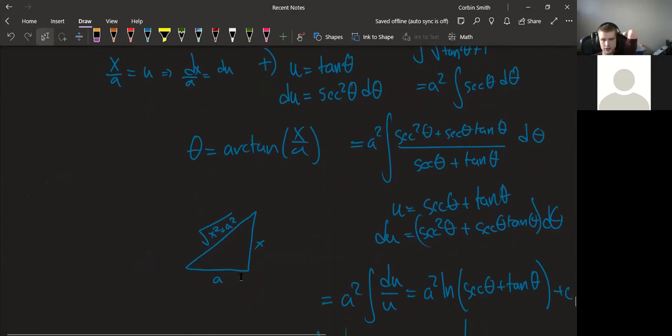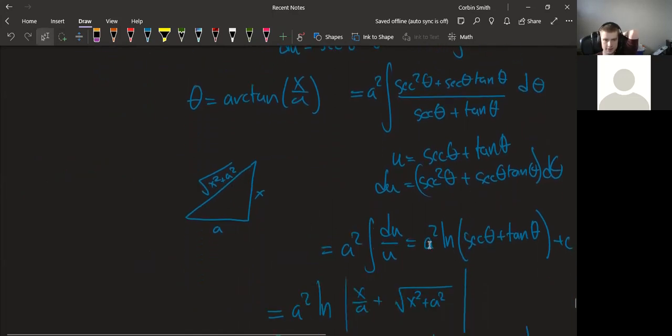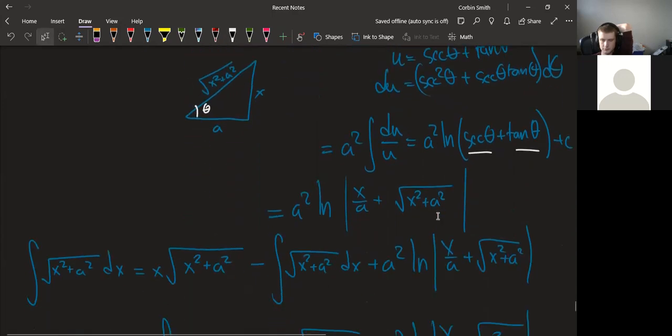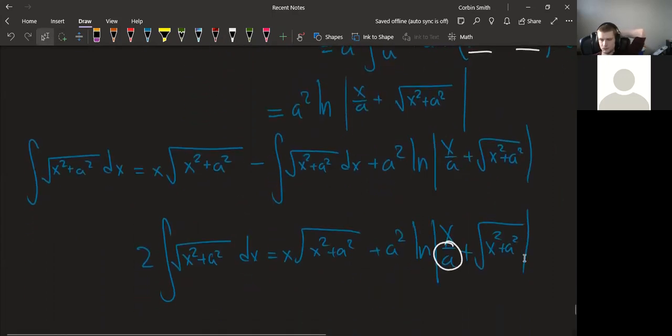So we have this triangle with sides a and x. So the hypotenuse is the square root of x squared plus a squared. And this is theta right here. So I plugged that into secant theta and tan theta. Ah, this is the worst.